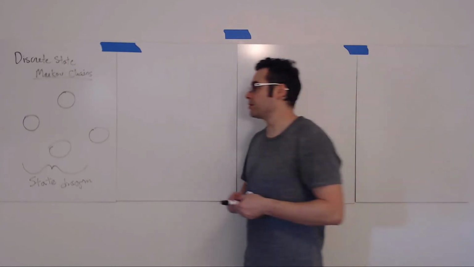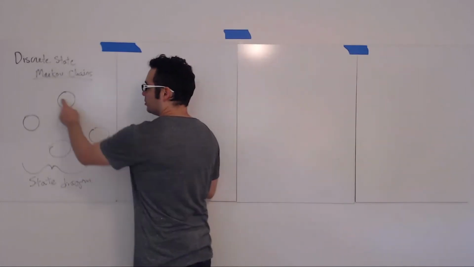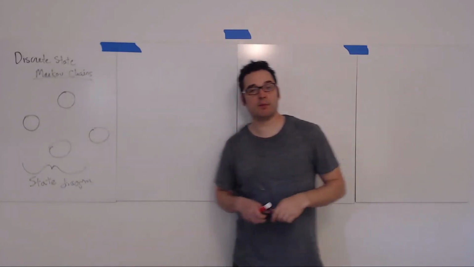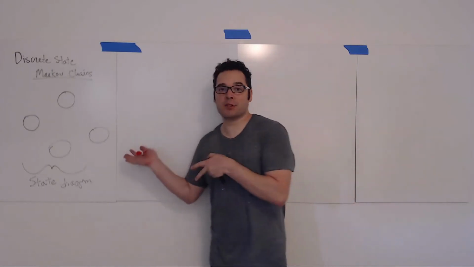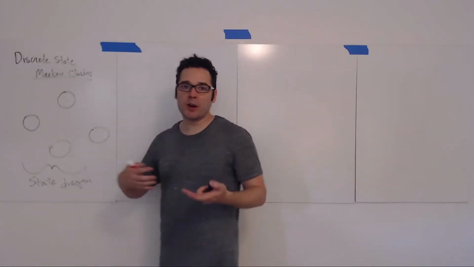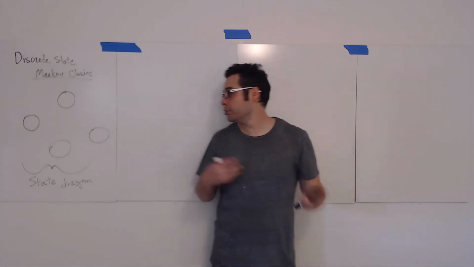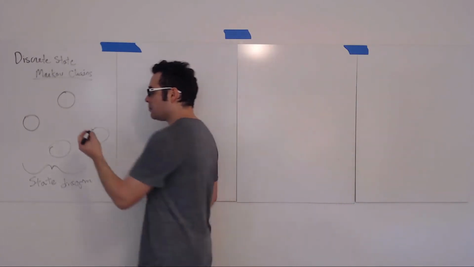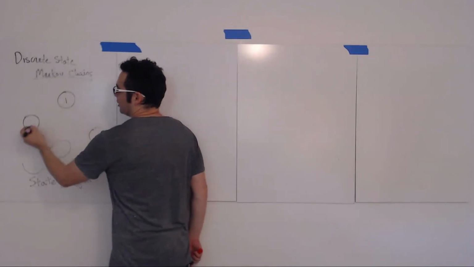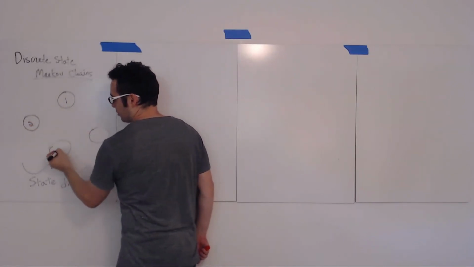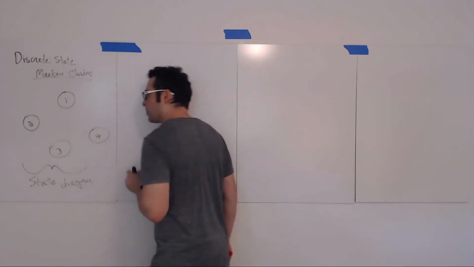And the way we represent it is each one of these nodes, for the particular example we're considering, represents a location. But a better way to think about it is a state representation of where you are. Okay? So I'm just going to label these 1, 2, 3, and 4.